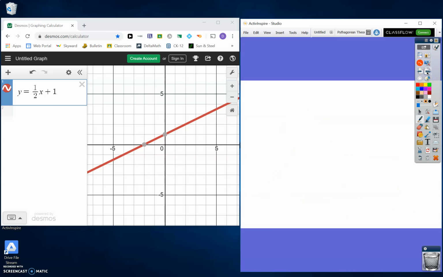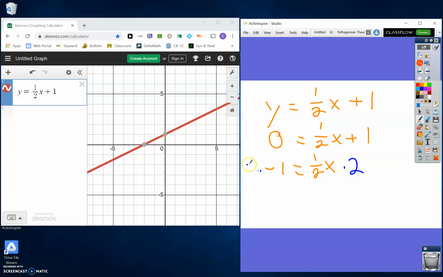But if you're solving the equation, you could say we got y equals 1/2 x plus 1. Put 0 in for y, and then solve for x. So subtract 1 from each side. Okay, what do you do to get the x by itself? Let's multiply by 2. That'll get rid of the 1/2. We get x equals negative 2. So that's what we figured out there.